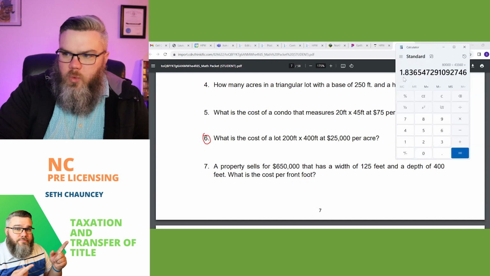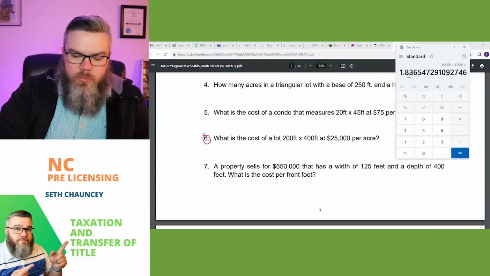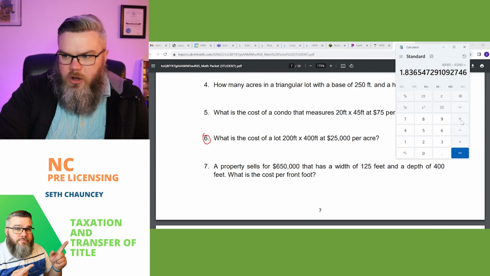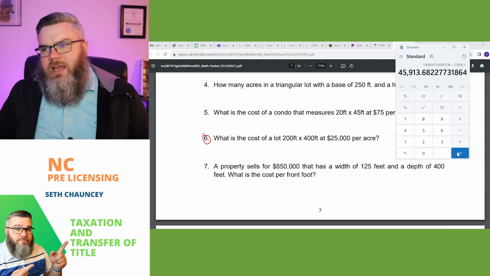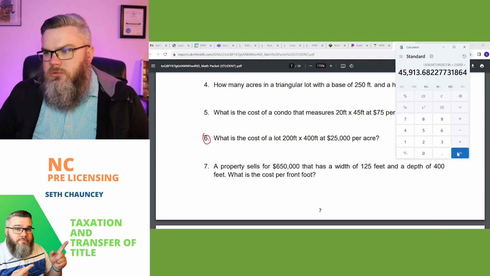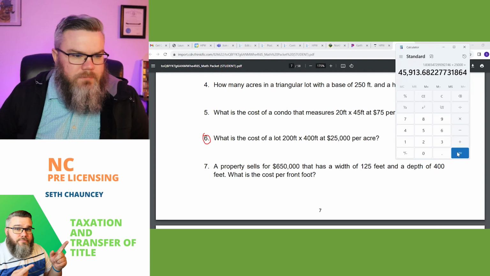This piece of property is 1.83 acres or 1.84 depending on how you rounded. I told you the question will never come down to rounding, and so then you need to multiply that by your cost per acre, 25,000. So it would cost $45,913.14 if you round.